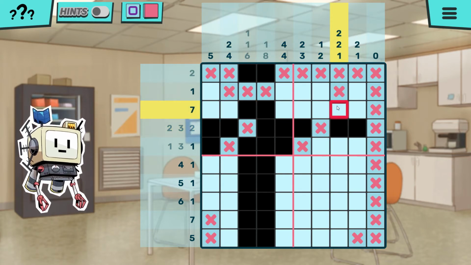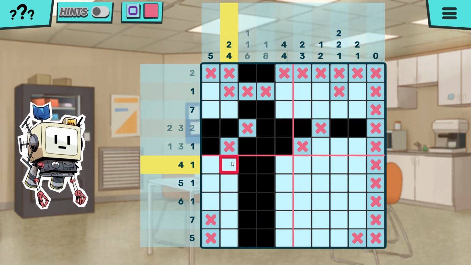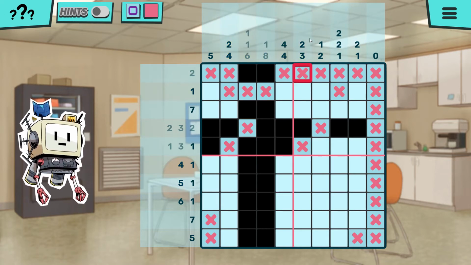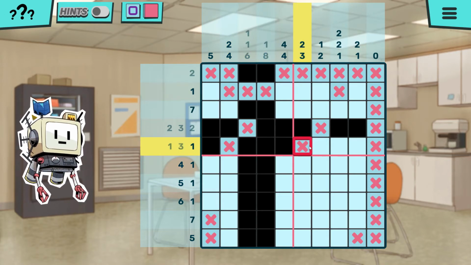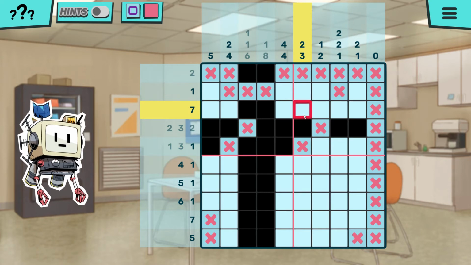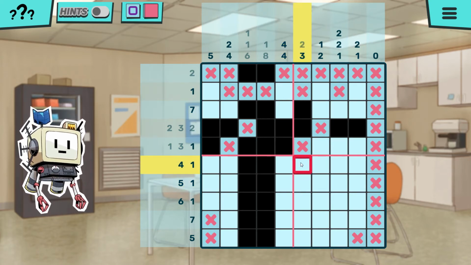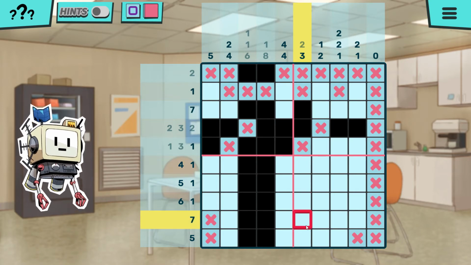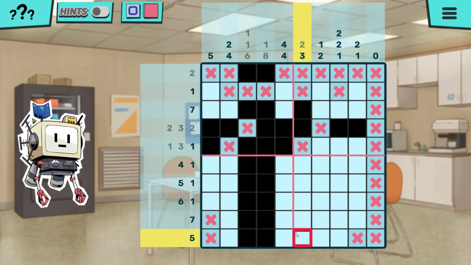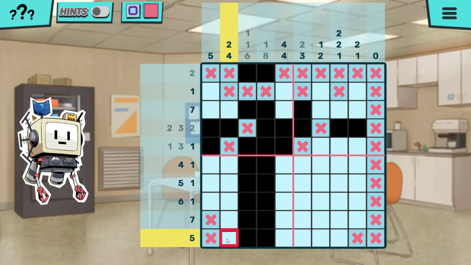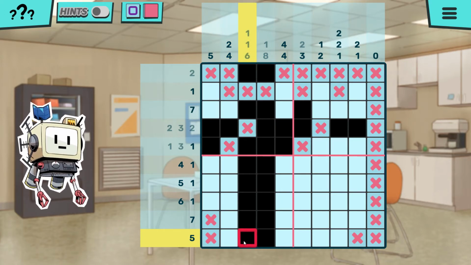Okay. Where else could we look at? 2 and 3, this is blocked off. We know that. So the 2 has to be this that blocks off this as well. We then got a 3 down here somewhere. Wait, either way, if it starts here or here is irrelevant.